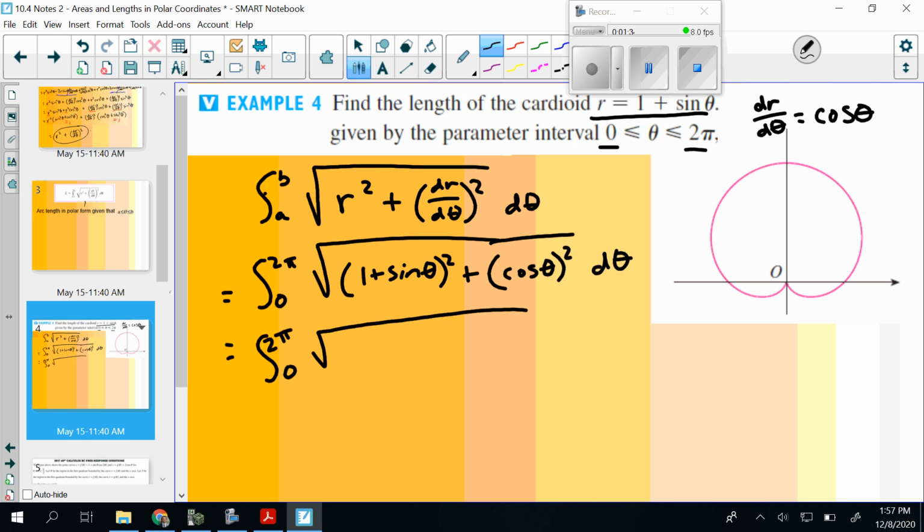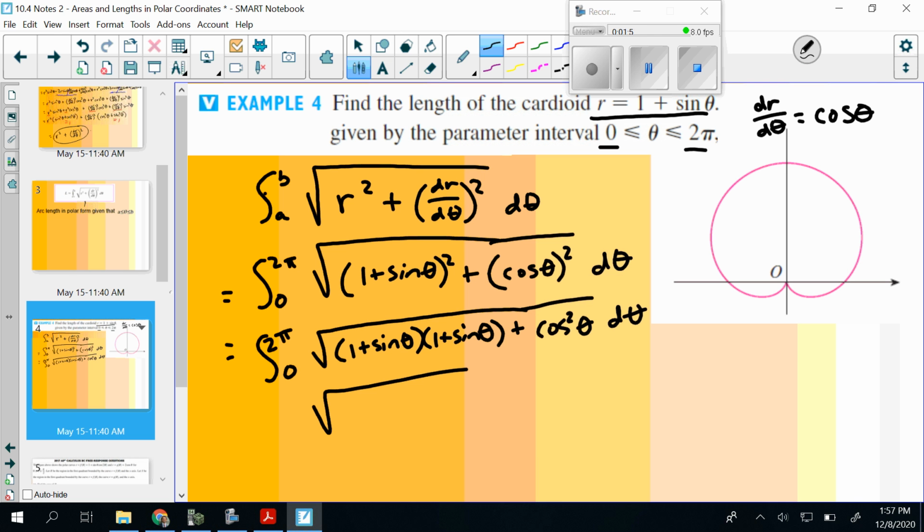If we squared 1 plus sine theta, meaning multiply 1 plus sine theta times another 1 plus sine theta and multiply that out, what you'd get here is 1 times 1 is 1. 1 times sine theta, another 1 times sine theta would be 2 sine theta, and then sine times sine is sine squared.